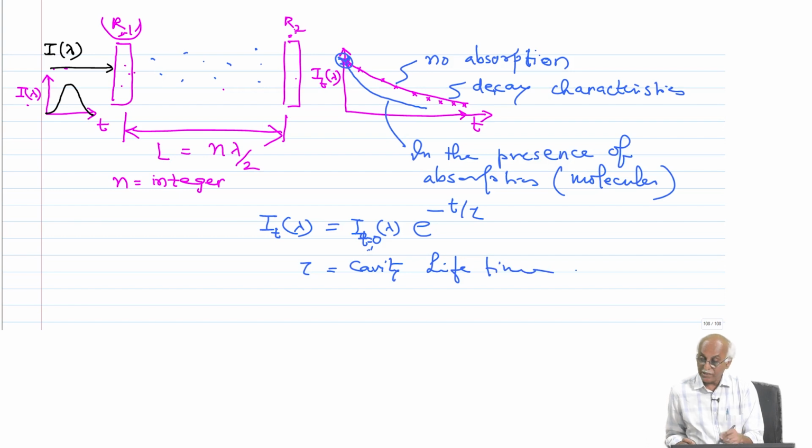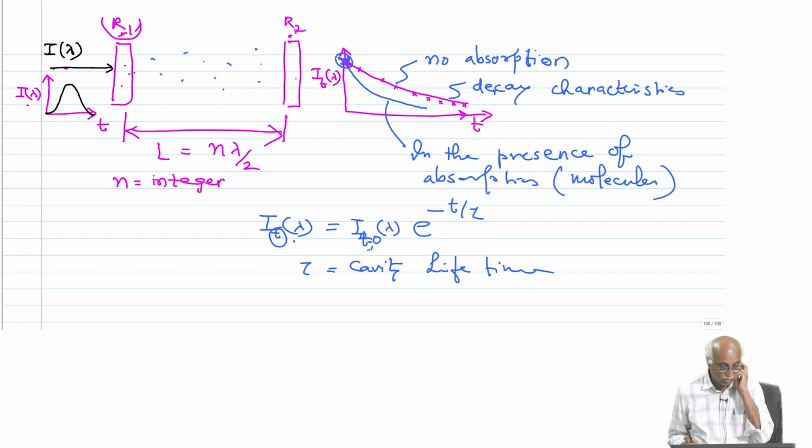And in the presence of absorbing molecules, this cavity lifetime will decrease. Tau is the cavity lifetime where the transmitted intensity at any time t becomes 1 by e times the intensity at t equal to 0. Is it okay? So, this is the idea.